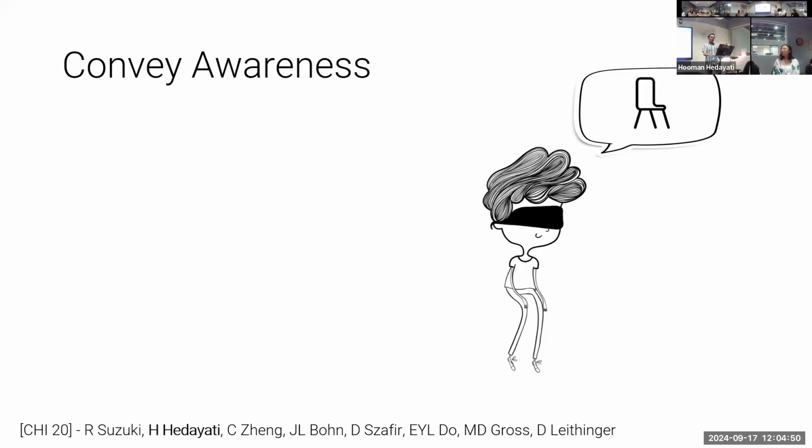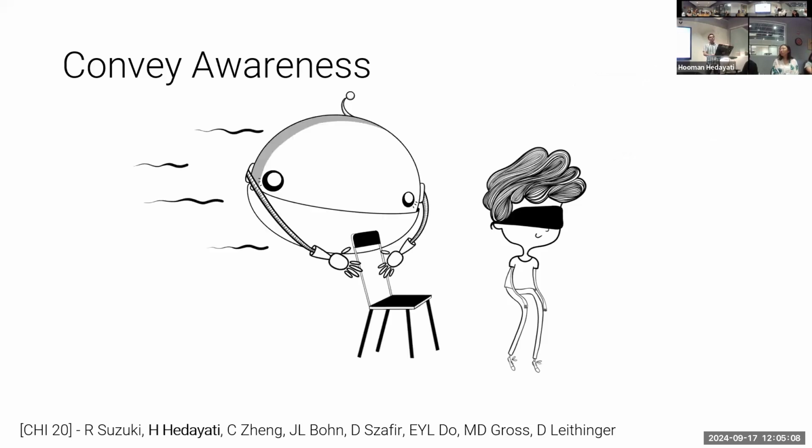And the next project, which was led by our very own Rio, is about how to use a robot to convey information from the virtual world to the real world. For example, if the user is wearing virtual reality glasses and interacting with a chair, can the robot bring the chair, so the information from the virtual world is conveyed to the real world?